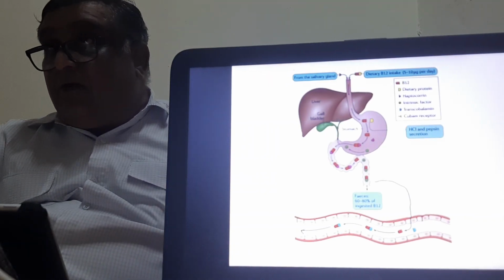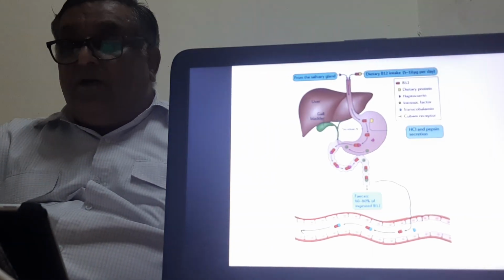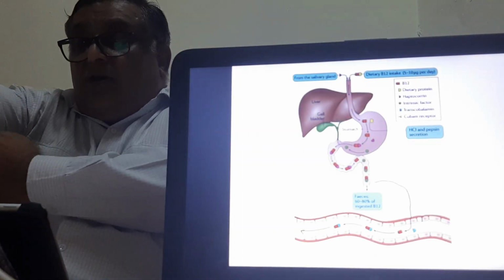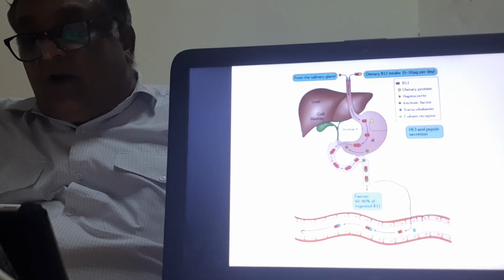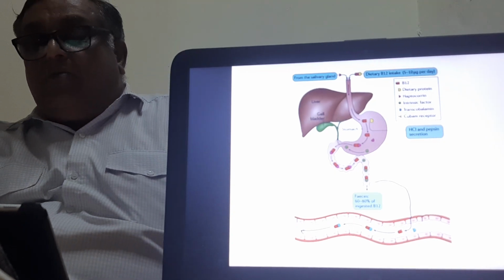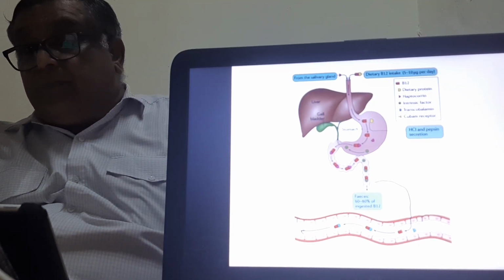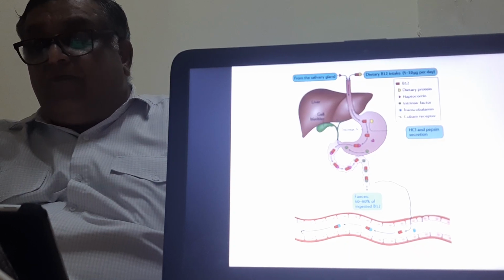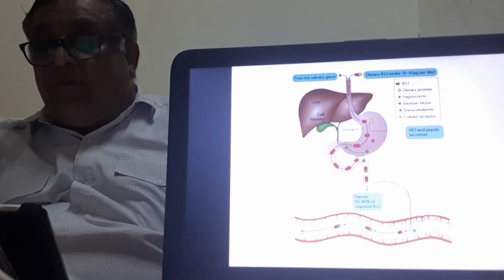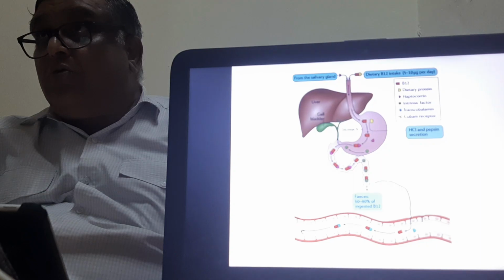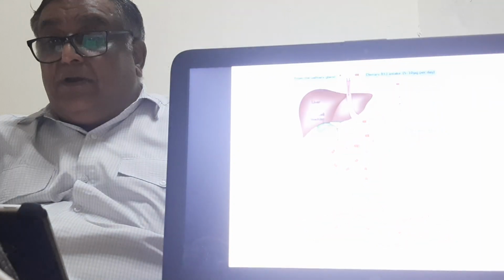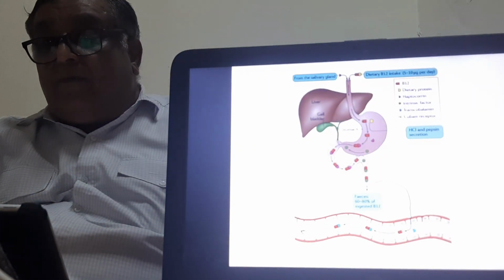But as of yet, both of them do not react. When they go in the stomach and there is acidity, then the B12 is separated from the dietary protein. And now the B12 is free for a small period of time, but it immediately attaches to the haptocorrin, as you can see by the time it enters the antrum.